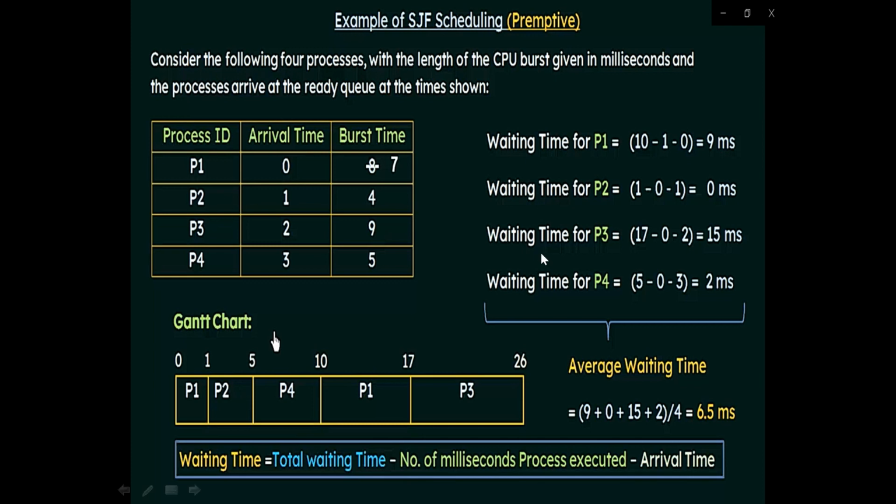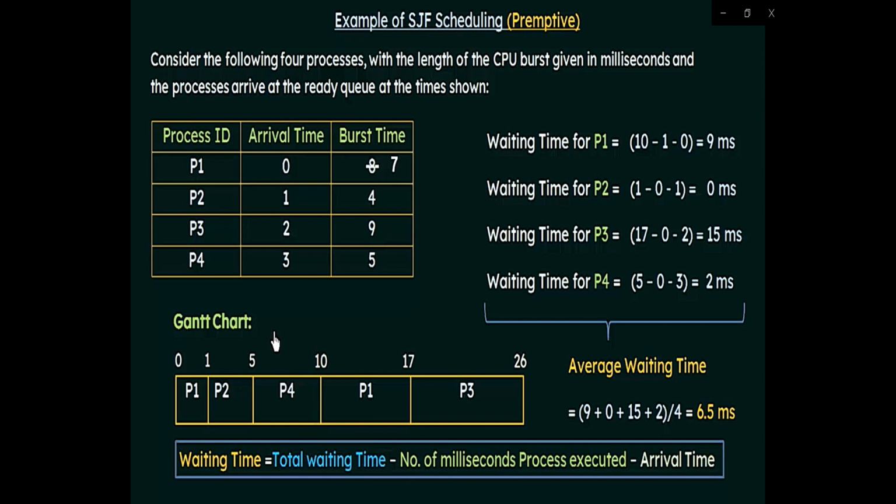Next, for P2, the total waiting time is 1. P2 waits for 1 millisecond, minus number of milliseconds executed, which is 0, minus arrival time.